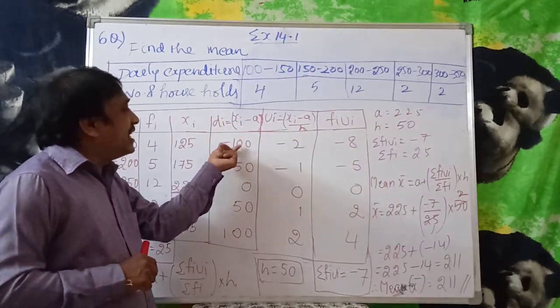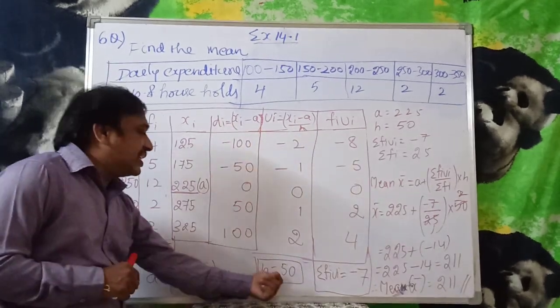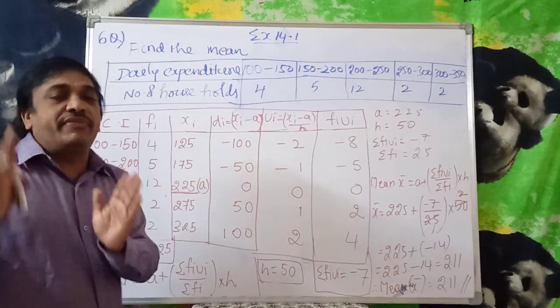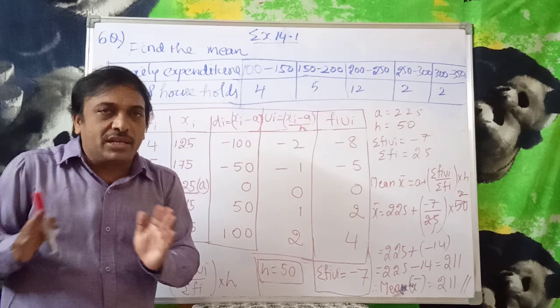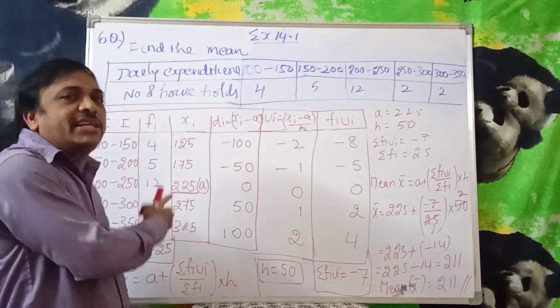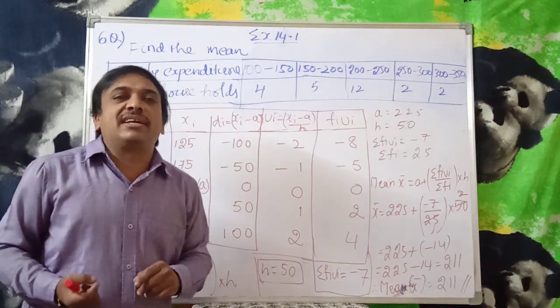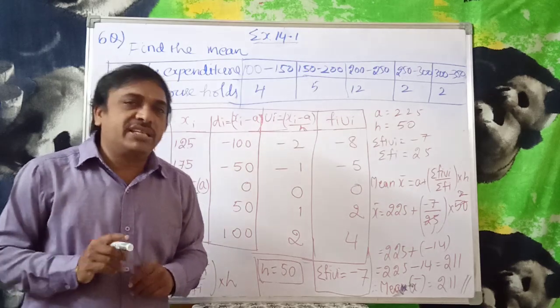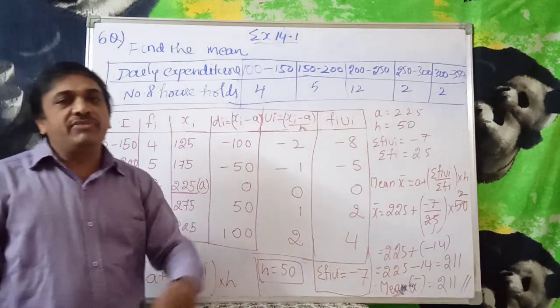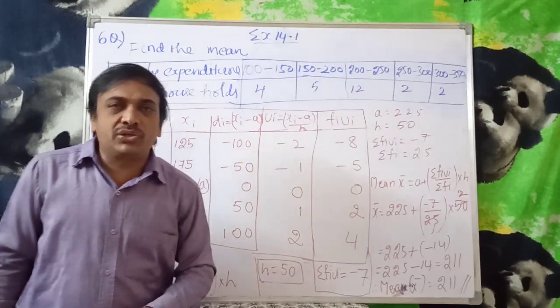That is, these values we are dividing by H, the class size. H is different from question to question. It will not be the same 50 for all the questions. Based on the given data, you need to check what the class size is. Another name is the width of the class. This is the step deviation method. I hope you understood.